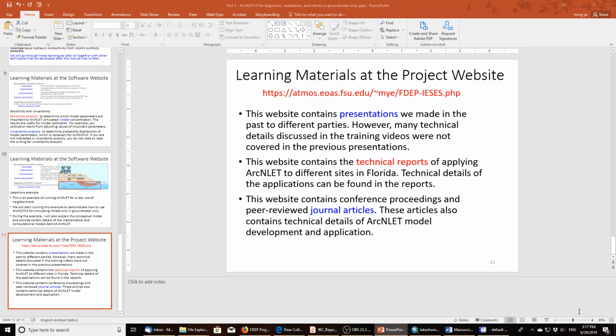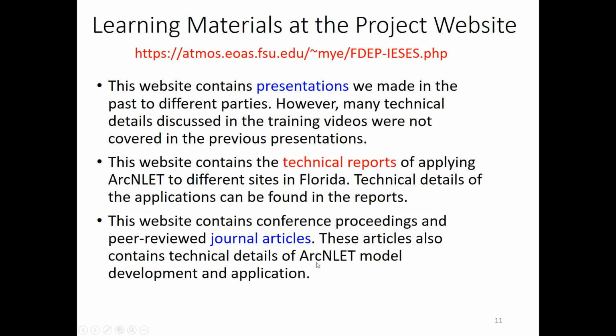So I want to keep this part 3 short, and after this part of the video, you should be able to download and install and know where to find the learning material for learning ArcNLET. So starting from part 4, I will explain how to run it using the Lakeshore run as an example. I will see you in part 4.